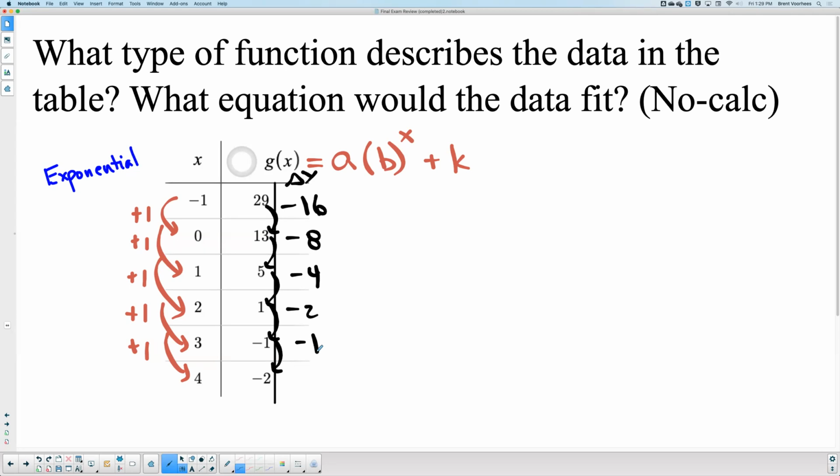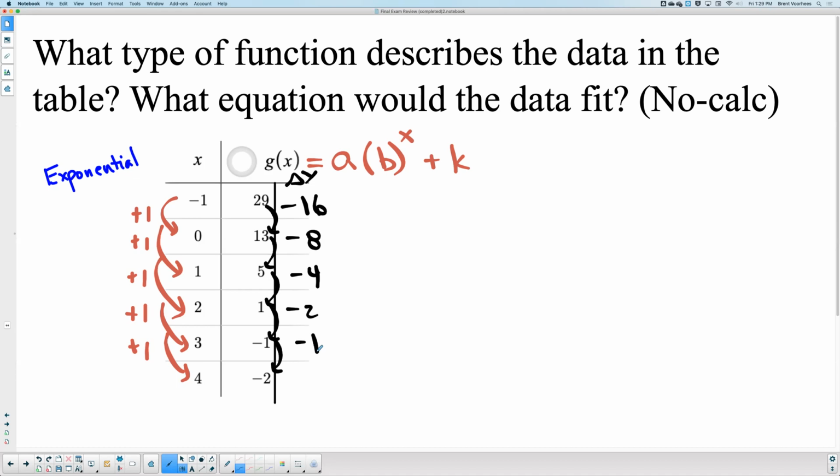So what's our base? The base is the thing we're multiplying by each time to get from one number to the next. Now you can determine what we are multiplying by to get from negative 16 to negative 8 to negative 4 to negative 2 to negative 1. If we multiply by negative 2, a negative 16 becomes a positive 32, so that wouldn't work. Would it be just 2?